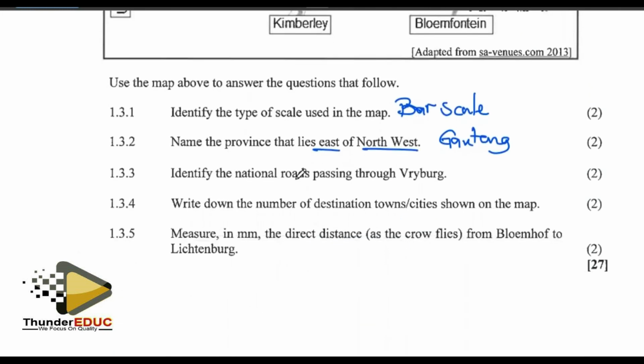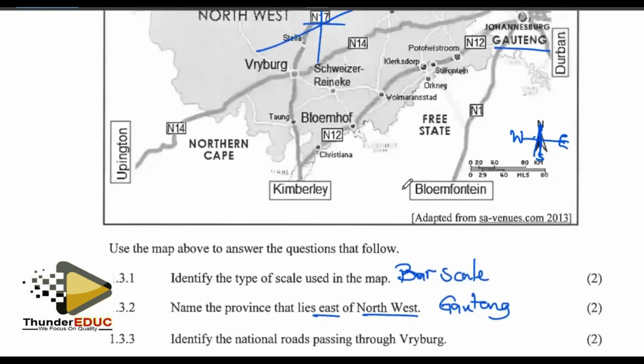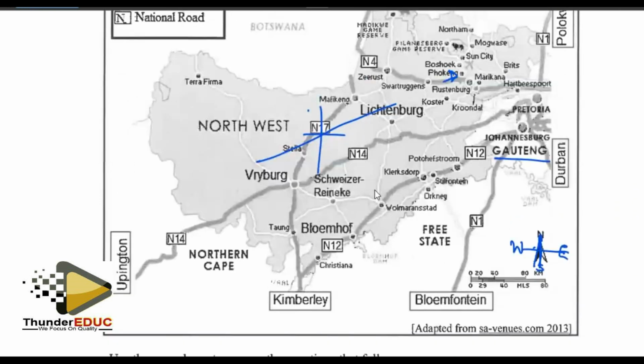All right. Identify the national road that passes through Vryburg. First and foremost, identify the place. This is it. This is Vryburg. So we look for national roads. We have N14. It comes here, it continues as N14. Here we have N17, which is this, N14.